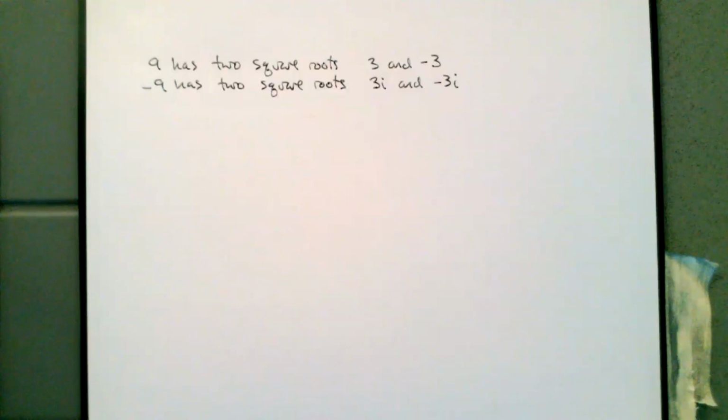In this case, 9 has two real square roots. Negative 9 has two imaginary square roots.